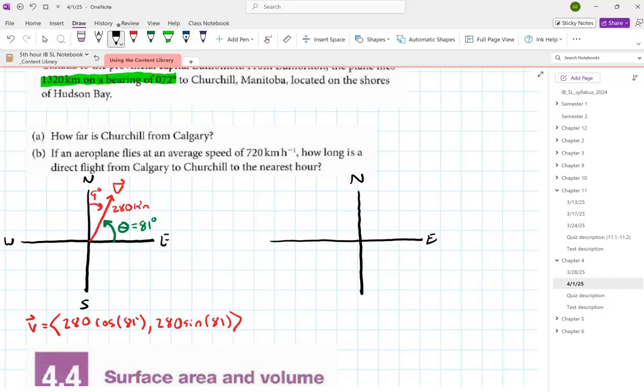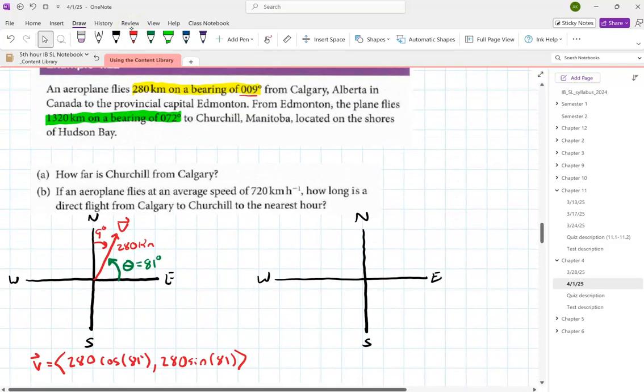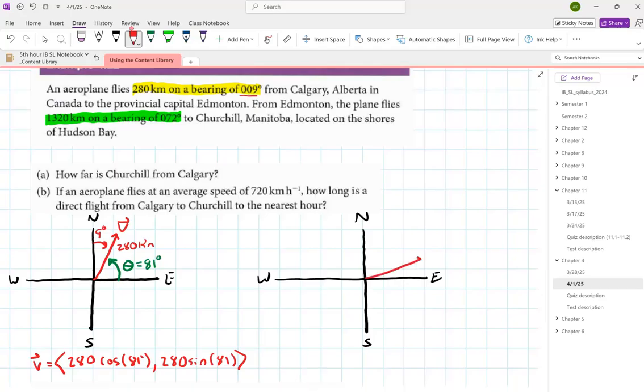And I'm going to draw a picture for my other vector. So this is a 72 degree bearing. I'll call this vector u.